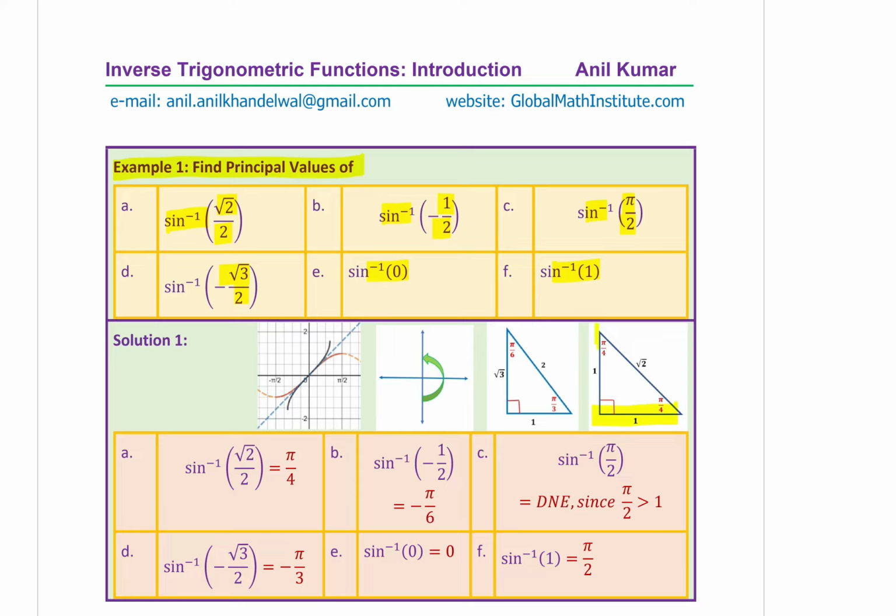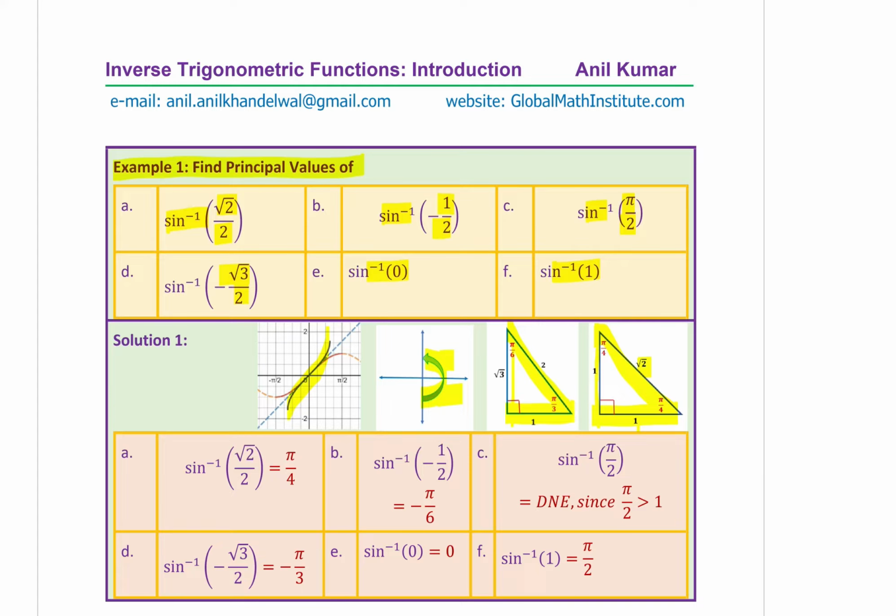So the special triangle right here is that of pi by 4, where the legs are 1 and 1, hypotenuse being square root 2. We'll also see the special triangle which is pi by 3, pi by 6, pi by 2. Here the side lengths are 1 and square root 3, hypotenuse being 2. Remember, we are talking about the values which are from minus pi by 2 to plus pi by 2. So those are the expected solutions. And this is the inverse function shown right there.